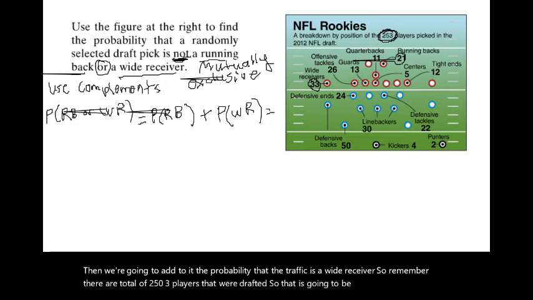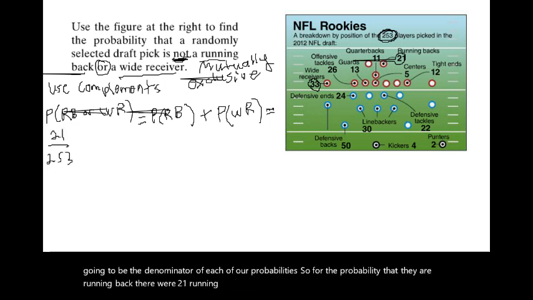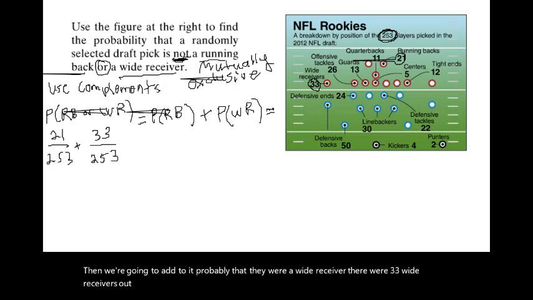That is going to be the denominator of each of our probabilities. For the probability that they are a running back, there were 21 running backs out of 253. Then we're going to add to it the probability that they were a wide receiver. There were 33 wide receivers out of 253 total players. So when we add those together, we get 54 out of 253.